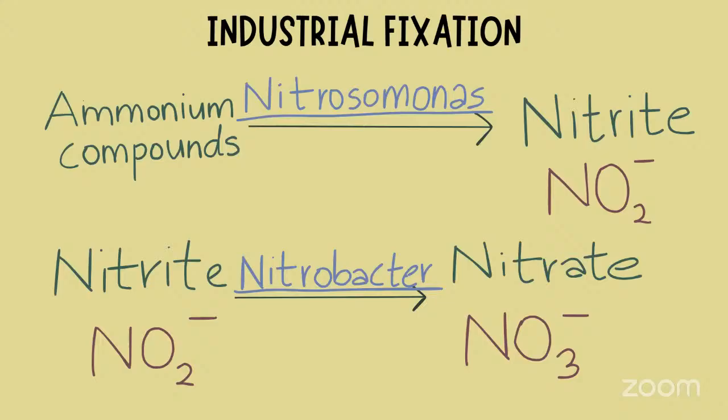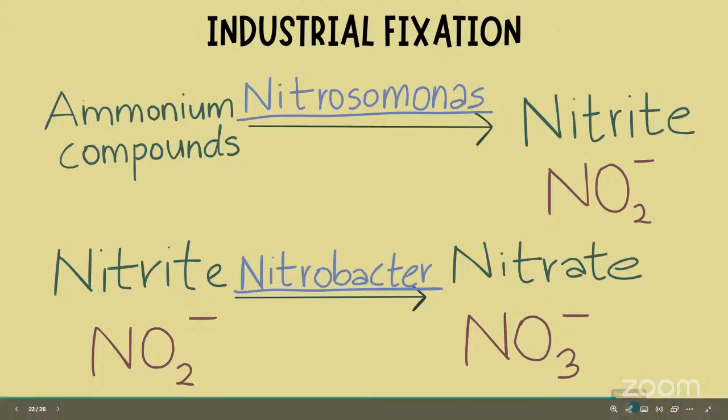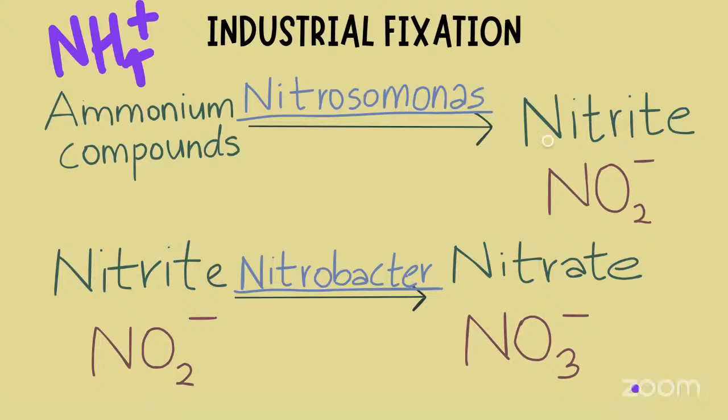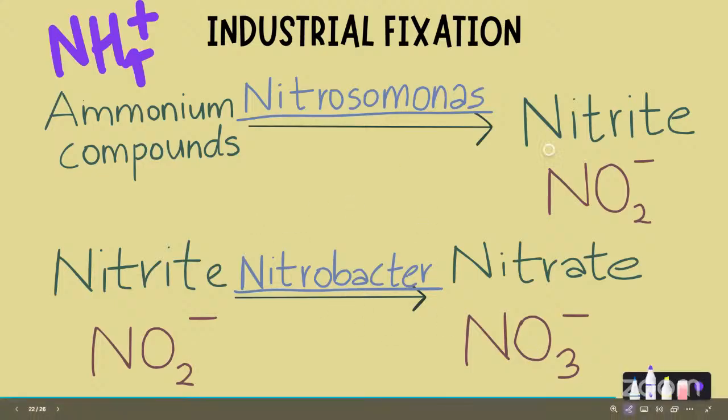So with the help of microorganisms, the ammonium compounds you have are going to be converted to nitrite, NO2 minus, with the help of nitrosomonas bacteria, and then nitrite is going to be converted to nitrate, NO3 minus, with the help of nitrobacter.